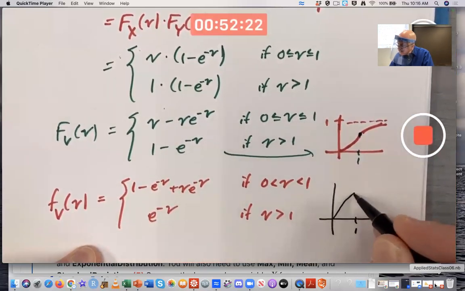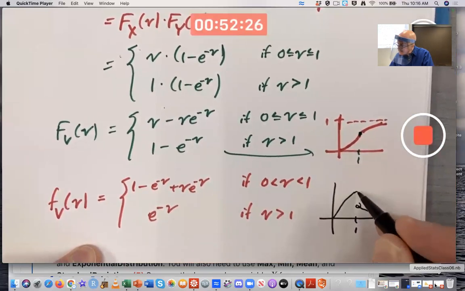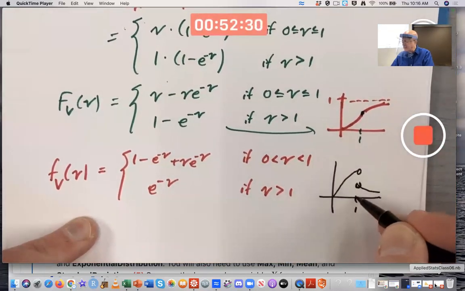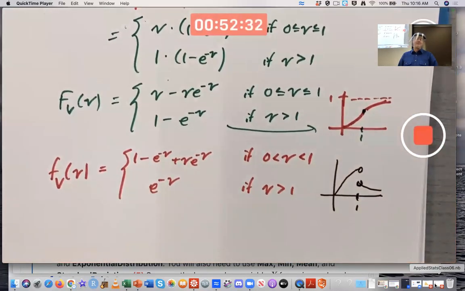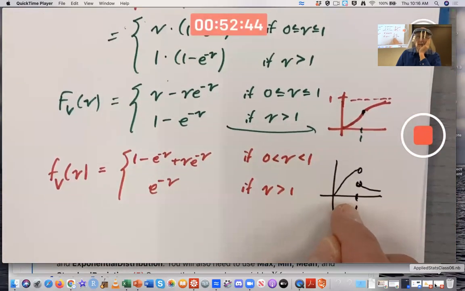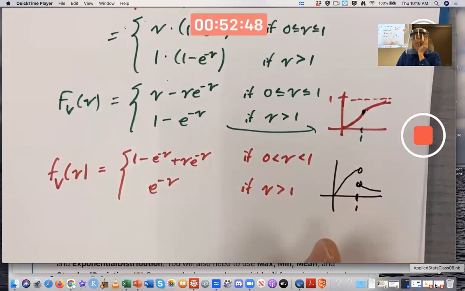I think it looks something like this, with a jump discontinuity at 1, and in fact, you could even say open circles at both spots. It's highest just less than 1. The data are most dense just less than 1, and they get a lot less dense just bigger than 1, as you would see when you do simulations.